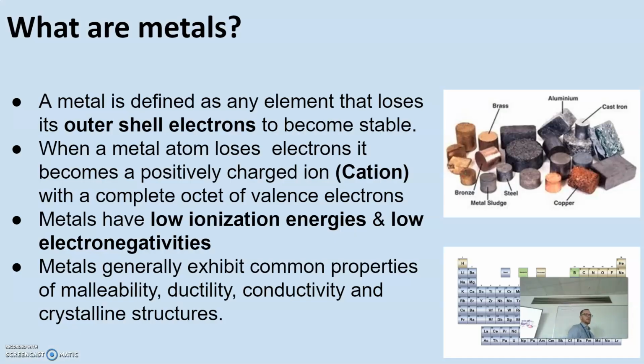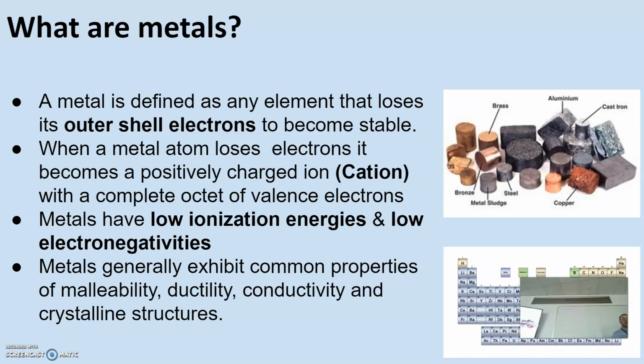So what are metals, right? We know that they have high melting and boiling points. They have low ionization energies. What was that? What's ionization energy? Yeah, Lisa? Right, how much energy is required to remove an electron? So it's got low ionization energy, meaning that a relatively low amount of energy is required to remove those electrons.